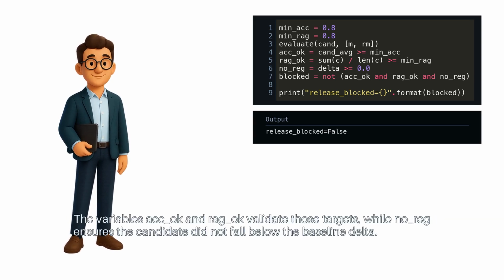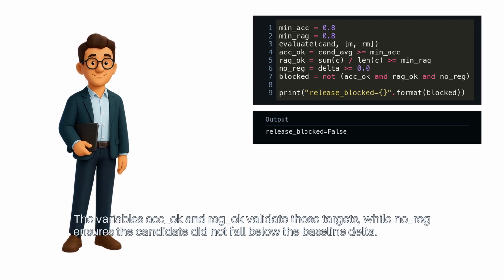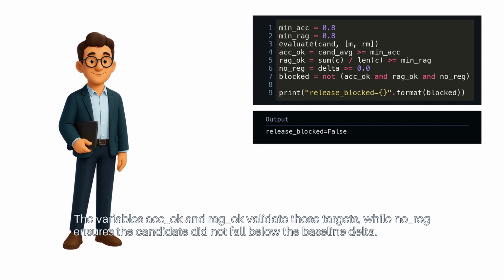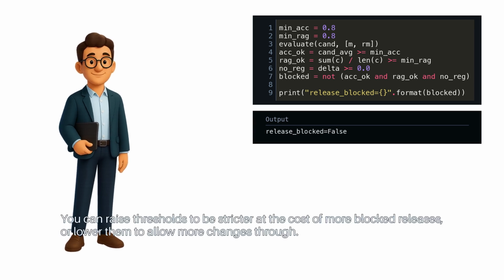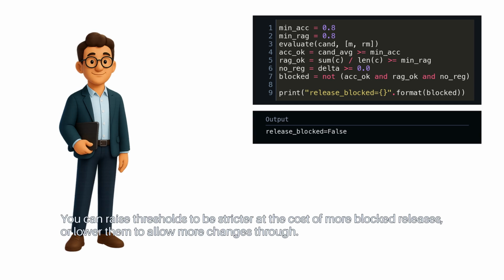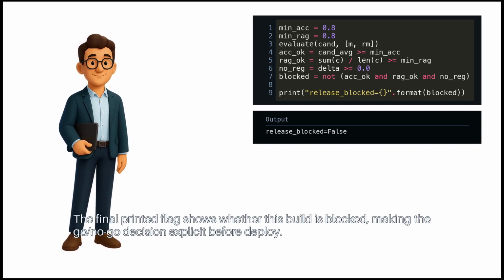The variables ACC_OK and RAG_OK validate those targets, while no_reg ensures the candidate did not fall below the baseline delta. You can raise thresholds to be stricter at the cost of more blocked releases, or lower them to allow more changes through. The final printed flag shows whether this build is blocked, making the go-no-go decision explicit before deploy.